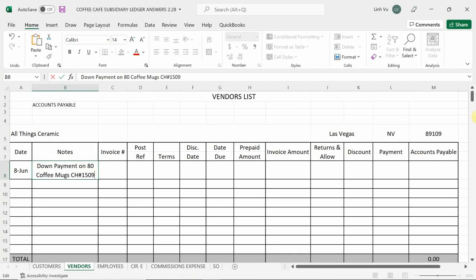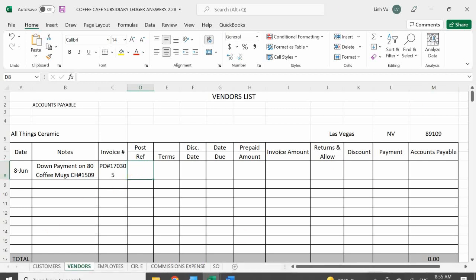I paid with check 1509. Invoice, you could say it's the purchase order number 305, because you haven't received the actual invoice yet, but your proof the transaction exists is the purchase order. Post reference, page 3.